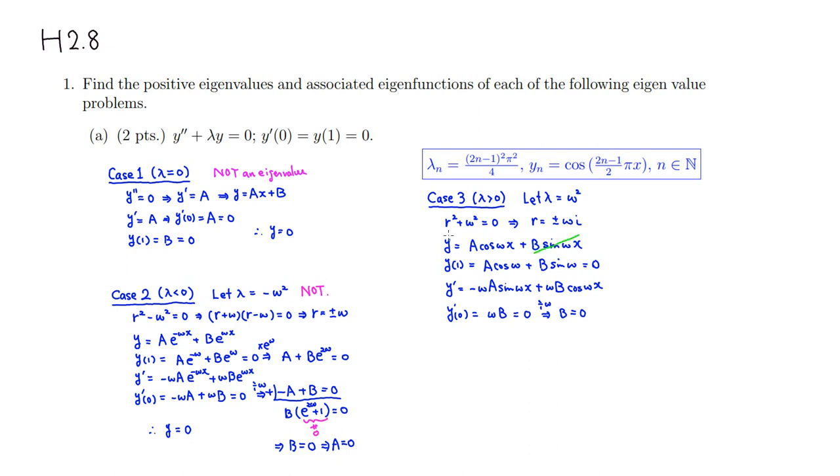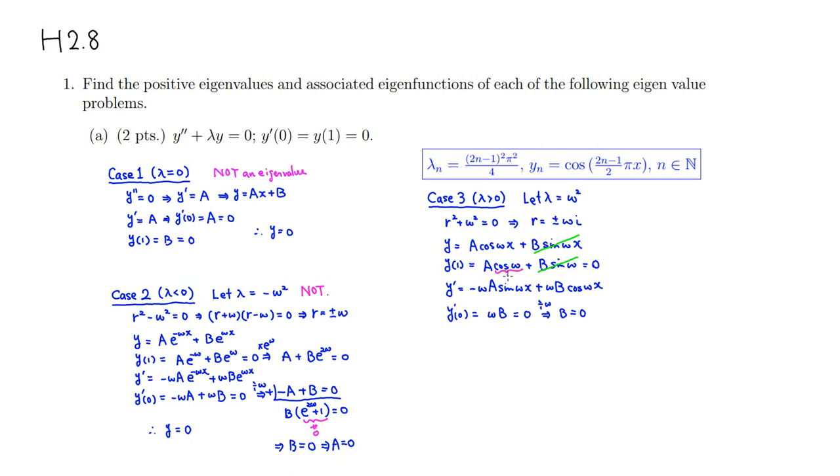Actually, we're going to scratch this out too. Look at this condition: we want a cosine of omega to be equal to 0. Since we're looking for a non-trivial solution, we have to make sure that cosine of omega is equal to 0.